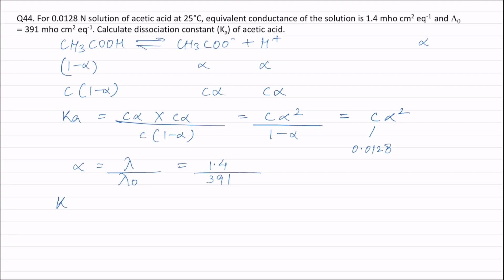Therefore, value of Ka will be equal to C alpha square, which is equal to 0.0128 into 1.4 divided by 391 whole square. Solving this, the value of dissociation constant will be equal to 1.6 into 10 to the power minus 7.